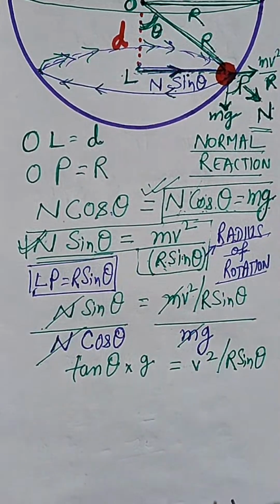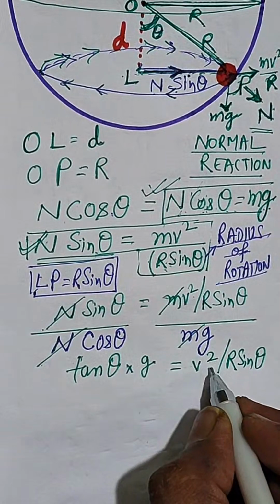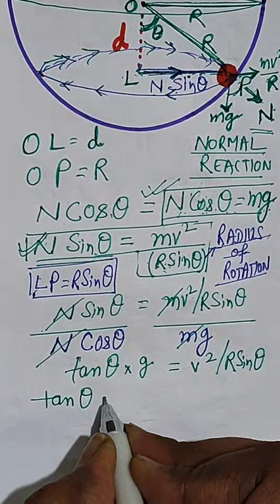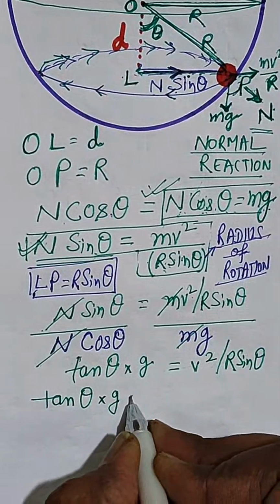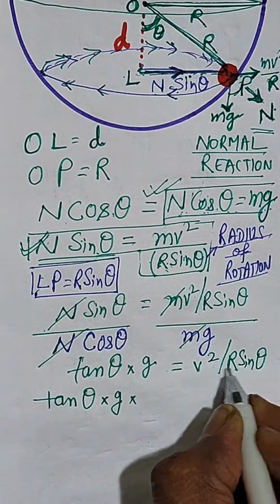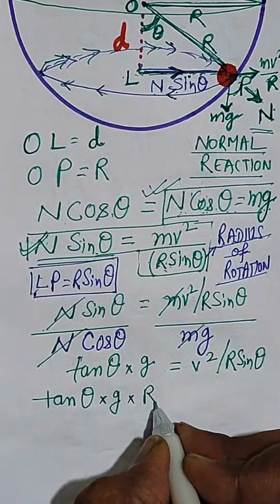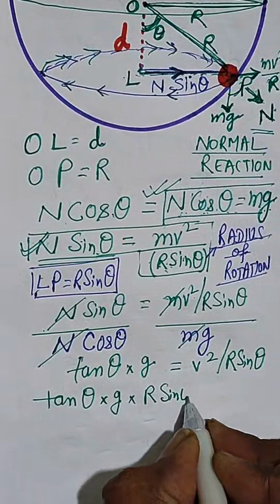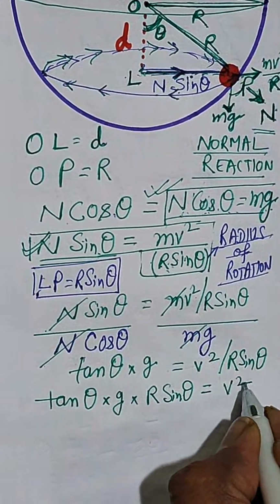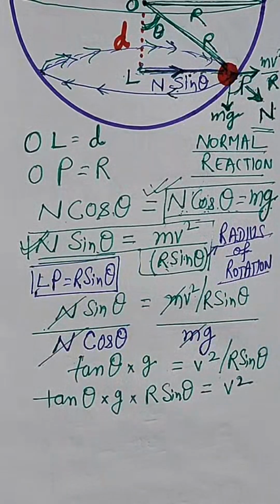And this will give you the value of v square as tan theta into g, with this r sin theta from the RHS denominator going to the LHS, into r sin theta, is equal to v square, right?